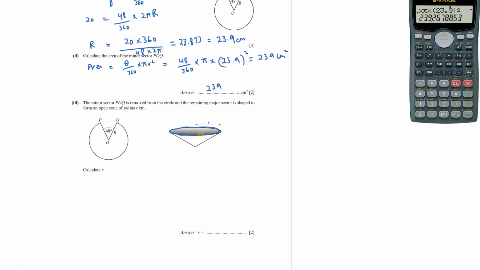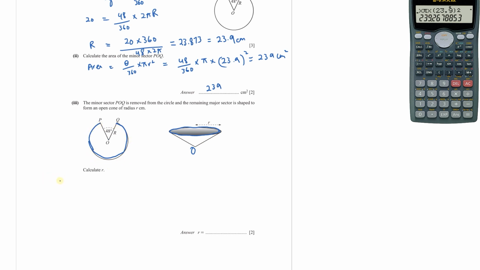So this circumference is actually the major arc length, which is PQ. Because how do you form the cone? Once you have removed this minor sector, you join these two points P and Q and you lift from this center O. So this will be your point O, which is lifted above, and you join these two to form the base. So this whole circular base has the same circumference as this major sector PQ.